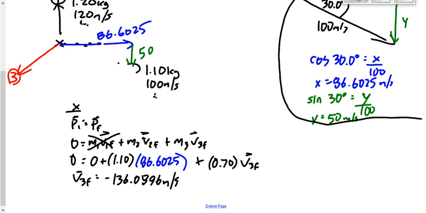Once you get rid of this funny angle, it's just like the other questions, right? We have an 86 x component, put it in. Imagine what you're going to do now for the y component.